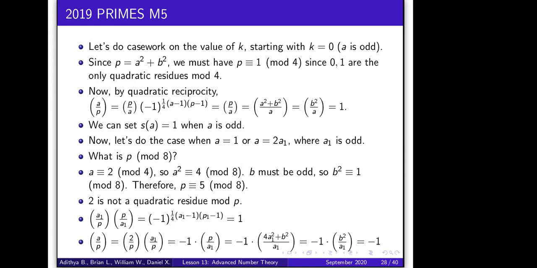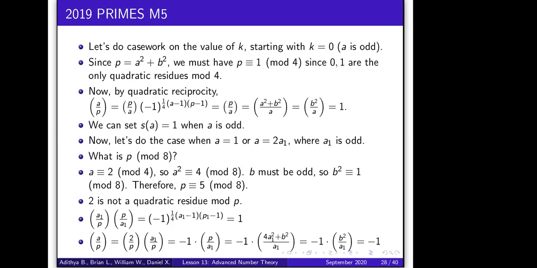And so then we can simplify (A over P) as (2 over P) times (A1 over P). And since (2 over P) is -1, and from quadratic reciprocity, we saw that (A1 over P) times (P over A1) is 1, that also means that (A1 over P) has to equal (P over A1). So then we can substitute that, and this becomes -1 times (P over A1).